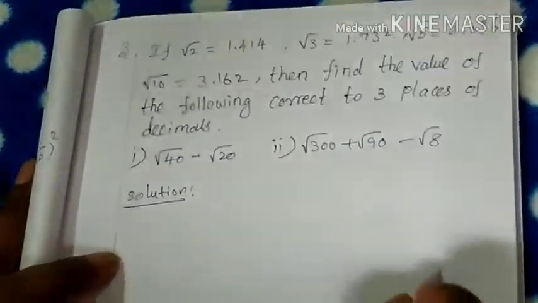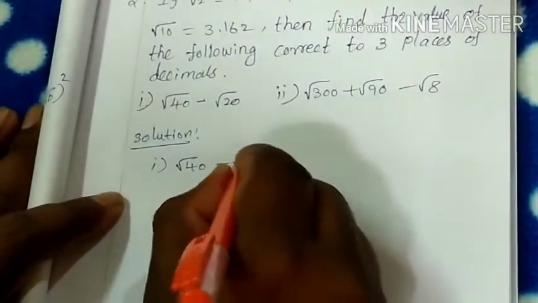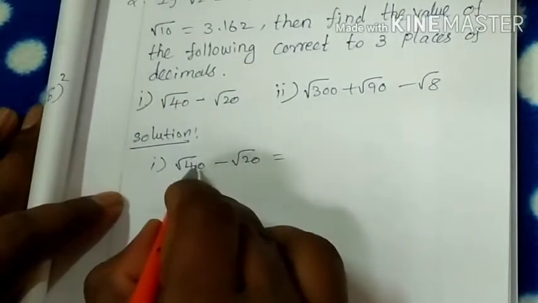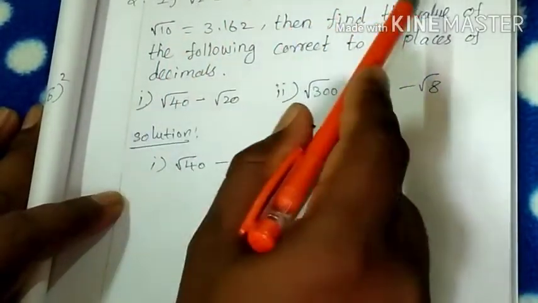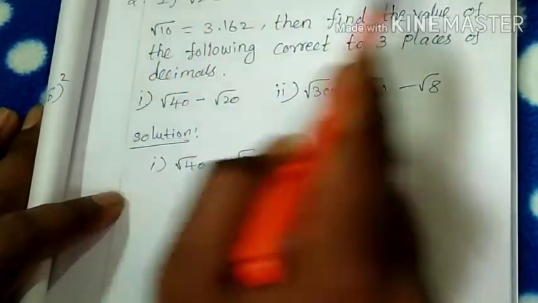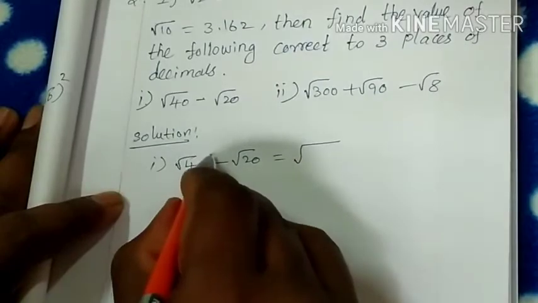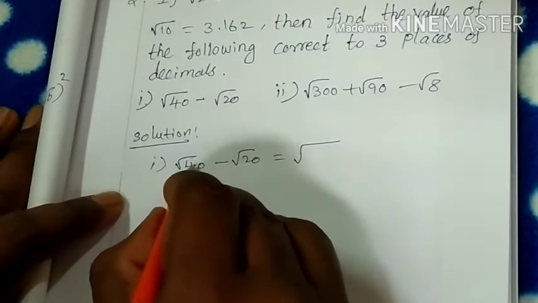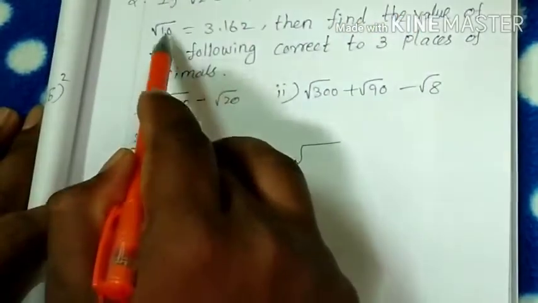For the first question, root of 40 minus root of 20. So this value is converted into root 2, root 3, root 5 or root 10 type. The square root is done using the square numbers and multiplying with 2, 3, 5 or 10.